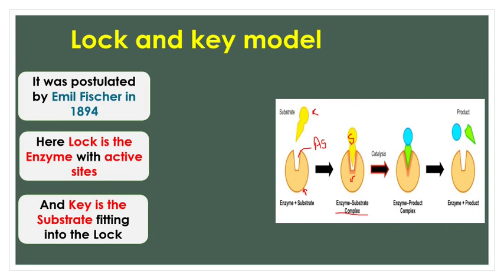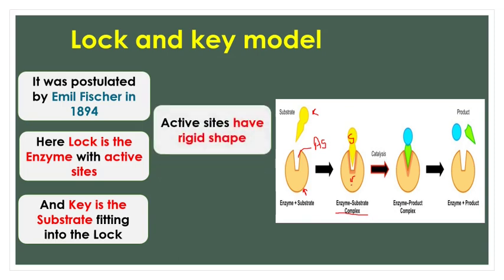The substrate behaves like a key and fits into the active sites of the enzyme, the lock, forming the enzyme substrate complex. According to the lock and key model, active sites have a very rigid shape. As a specific lock needs a specific key, here also the active sites are rigid.